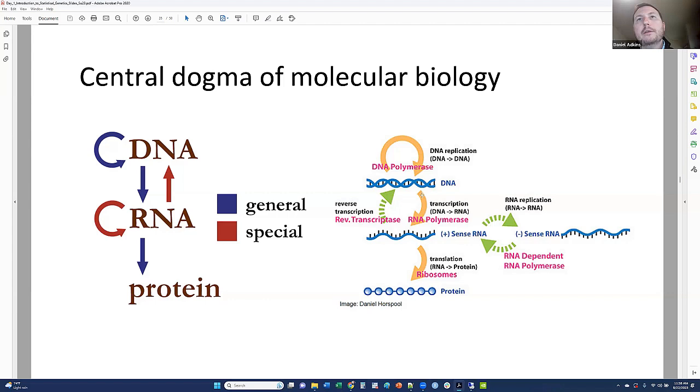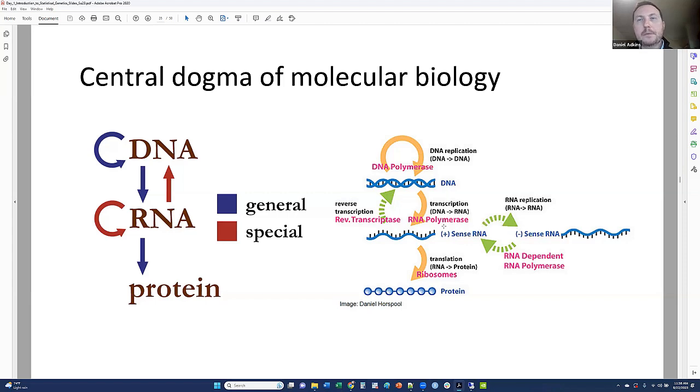So then the transcription. This is the process in which segments of DNA corresponding to genes are transcribed into little scripts of RNA, messenger RNA we call them. That's facilitated by an enzyme called RNA polymerase.